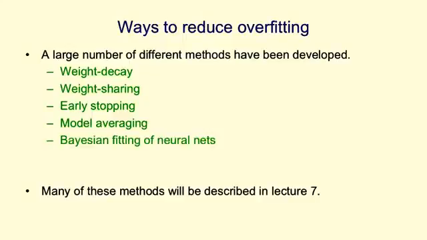There's Bayesian fitting of neural nets, which is really just a fancy form of model averaging. There's dropout, where you try and make your model more robust by randomly omitting hidden units when you're training it. And there's generative pre-training, which is somewhat more complicated, and I'll describe towards the end of the course.